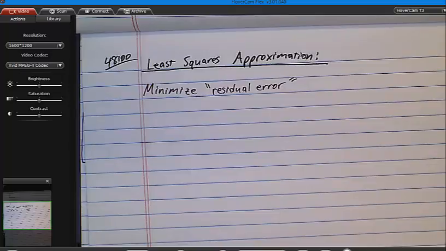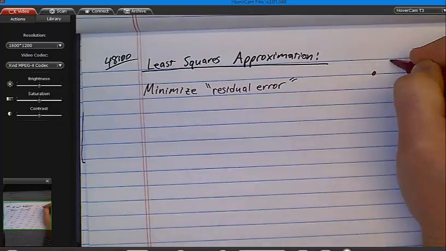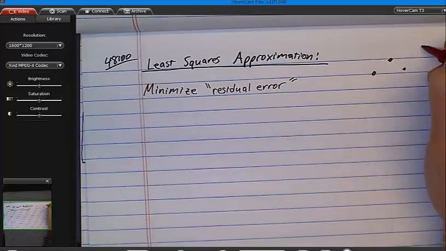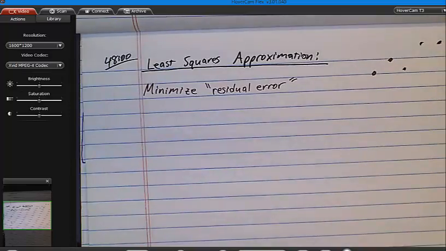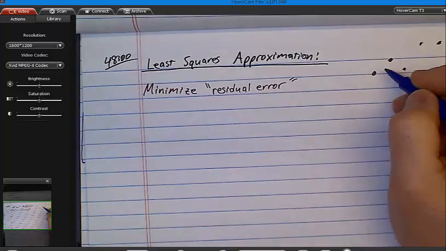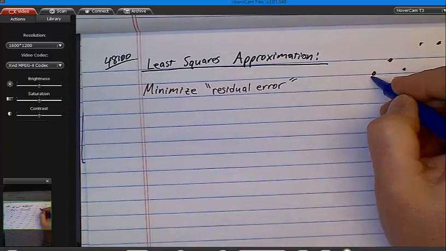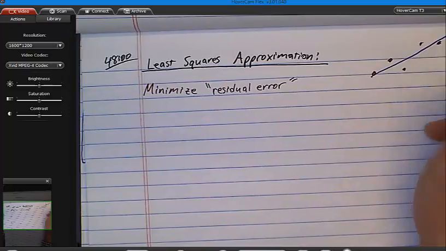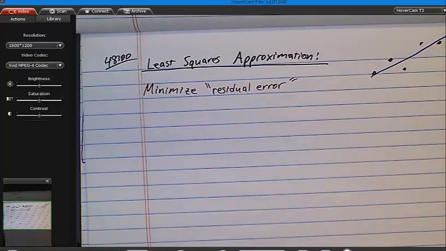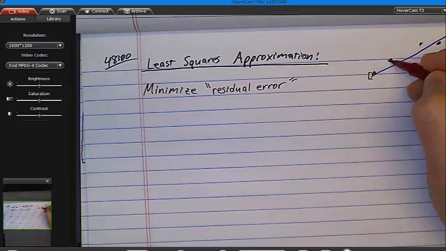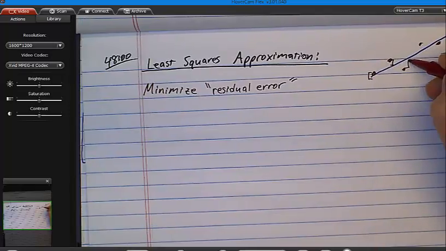So again, I guess the picture is you have points, and you have a line that goes through them, kind of. That's the best fit line, guys. And what you're really measuring here is the vertical error.